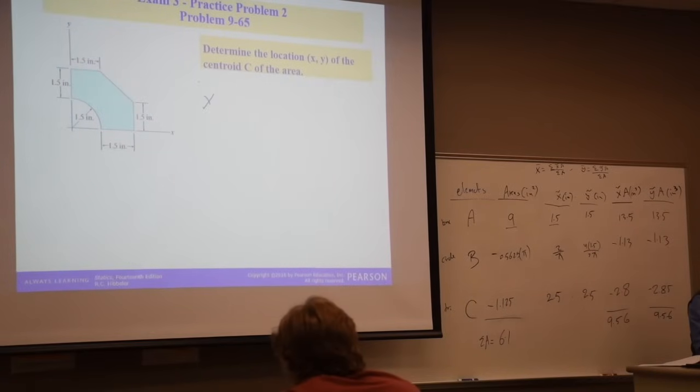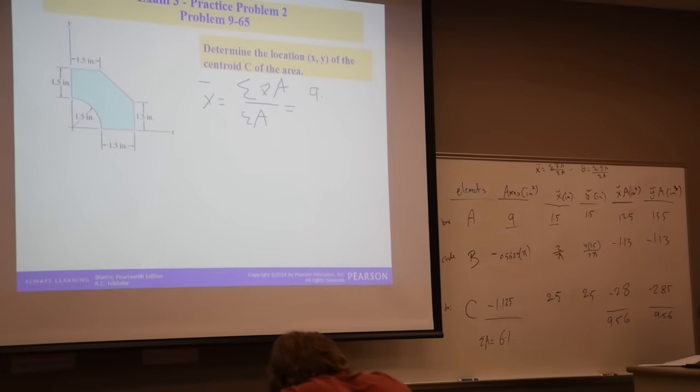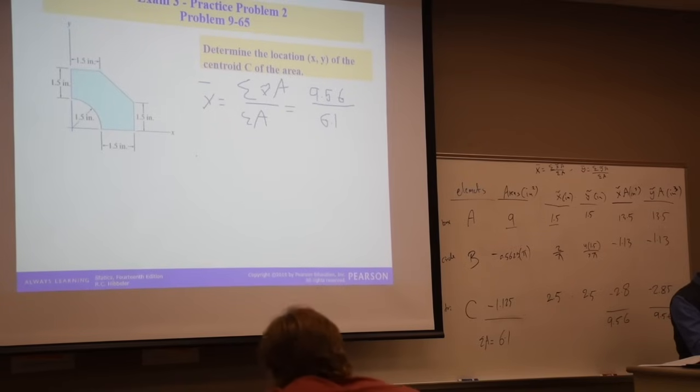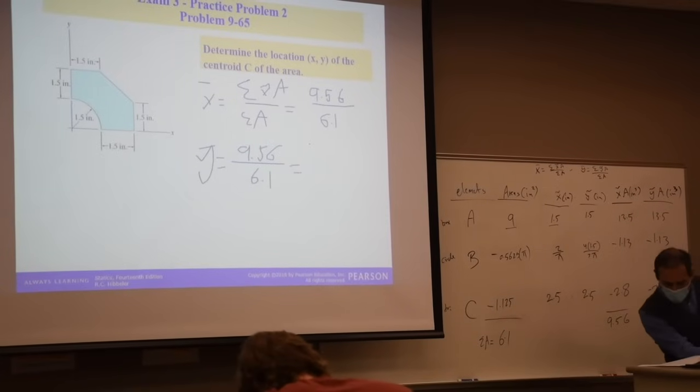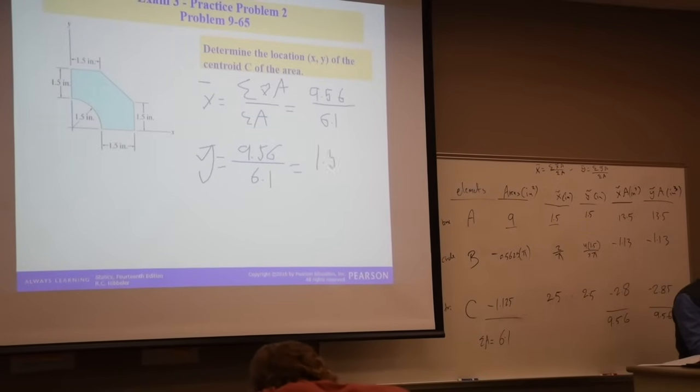So my x bar equals summation of x tilde a over summation of a, and that is equal to 9.56 divided by 6.1. And y, same thing, 9.56 divided by 6.1, and all of these will be equal to 1.57 inches. So this is also 1.57.